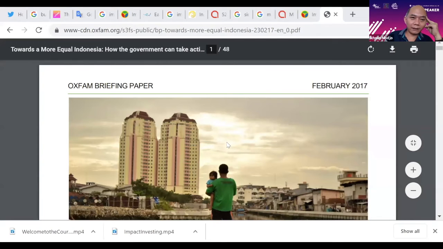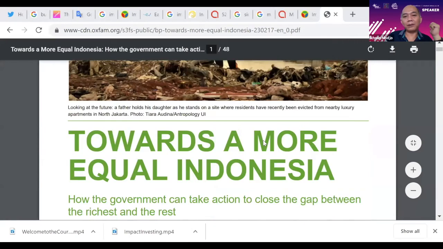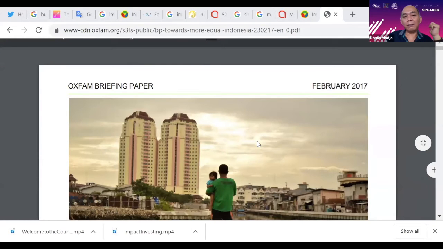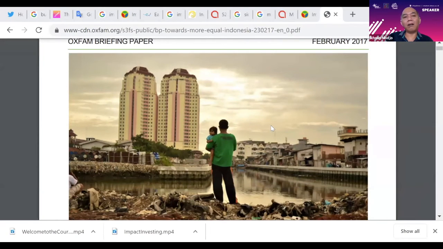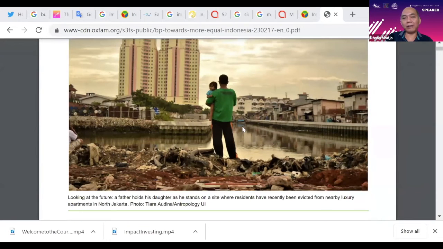Also there, Oxfam briefing papers. You can see the picture is actually the same. So basically, I've taken from this the materials of the inequality and poverty. It's a briefing paper about the conditions of inequality and poverty in Indonesia as of February 2007.